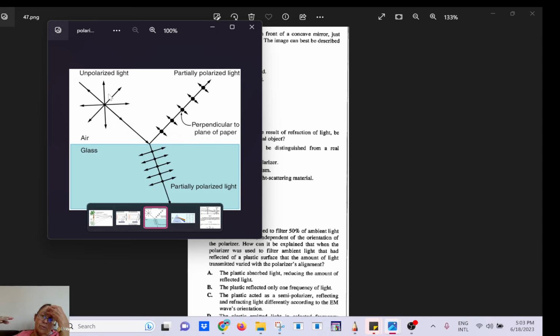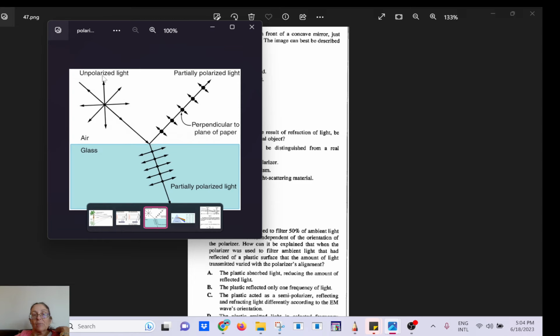So if the light is moving along a straight line, the electric field is going to go up and down, up and down, moving perpendicular to the direction of propagation.